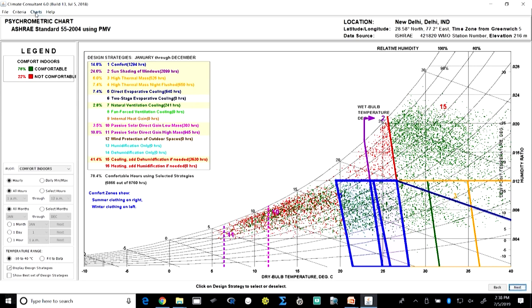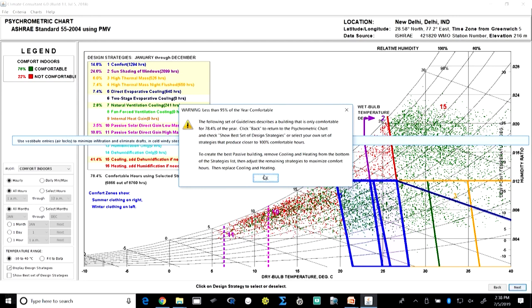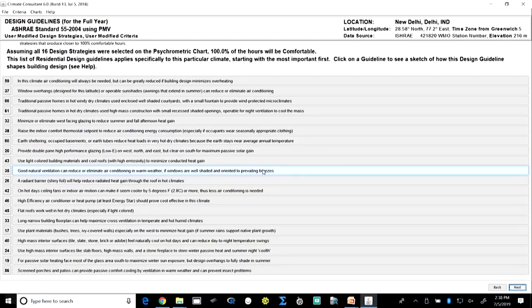So, we can look at the design guidelines besides these. We can also see what kind of strategies are available for us, and how the design of a building should be done to bring in thermal comfort. It says that window overhangs or operable sunshades should be provided. They can reduce the need for active air conditioning.